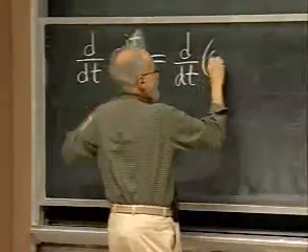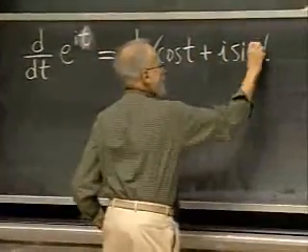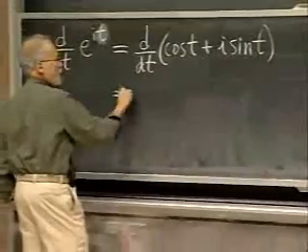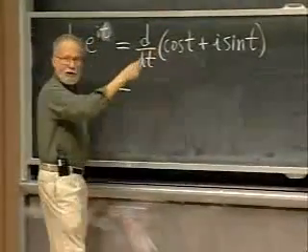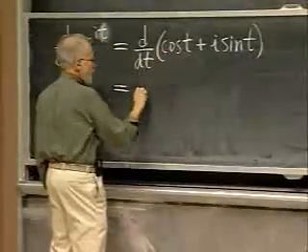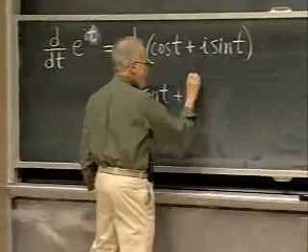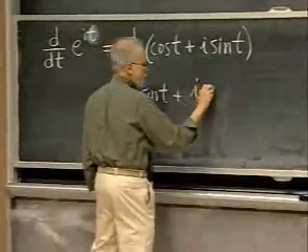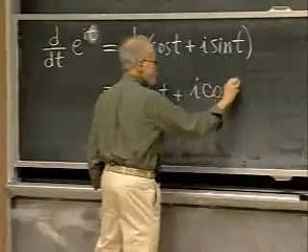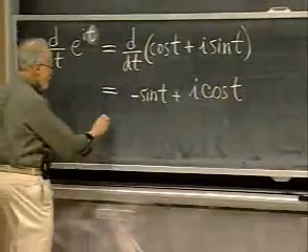Times cosine t plus i sine t. And what's that? Well, the derivative of cosine t, differentiating the real and imaginary parts separately and adding them up, is negative sine t plus i times cosine t. Now, let's factor out the i.